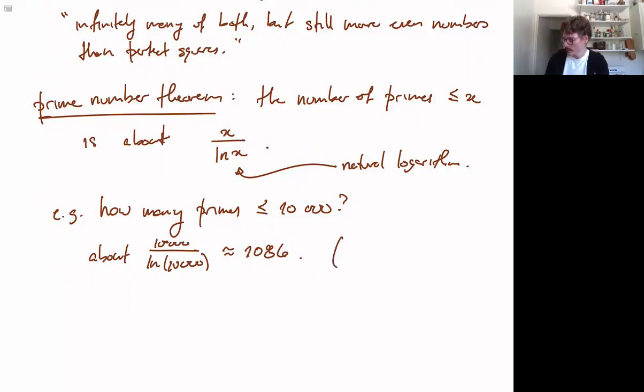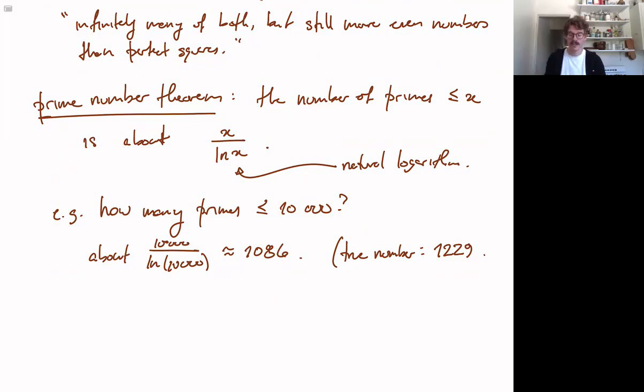So the true number, I mean, you can just count the number of primes less than 10,000. That's not too big of a number. The true number is 1,229. So you can see that it's not exactly a bullseye, but it's probably better than your own wild guess was going to be.